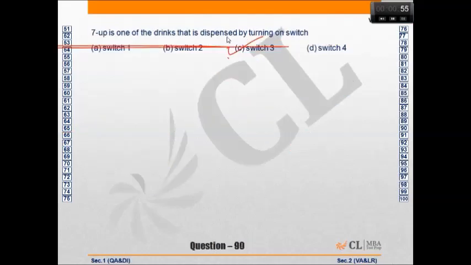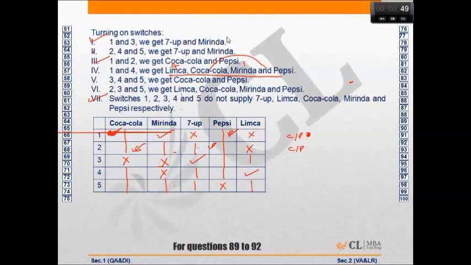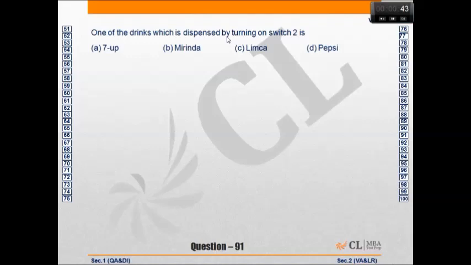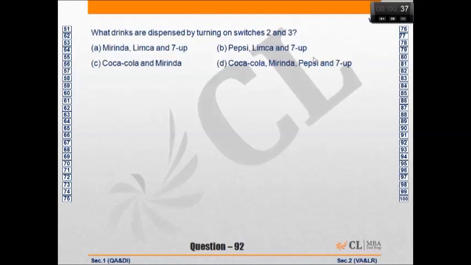How stupid of me. Turning on switch 2. Switch 2, do I know which pin can come? Switch 2, definitely one of Coke or Pepsi will be there. Okay, so it could be Pepsi out here. But let me look at what pins are dispensed by turning switch 2 and 3. 2 and 3, it will either be 2 rings or 4 rings.